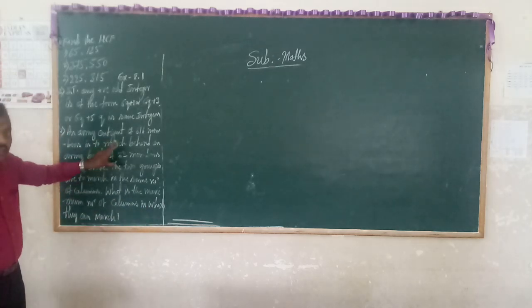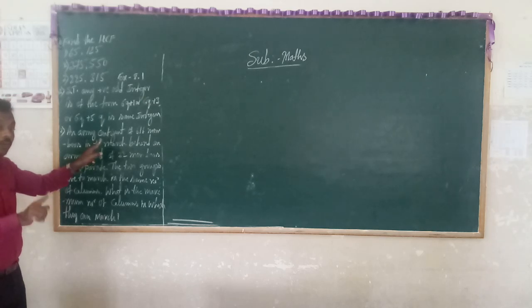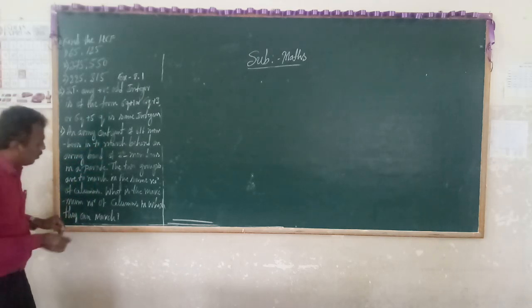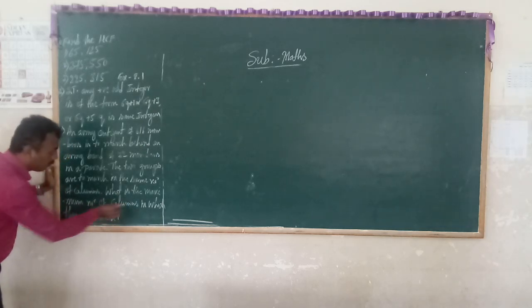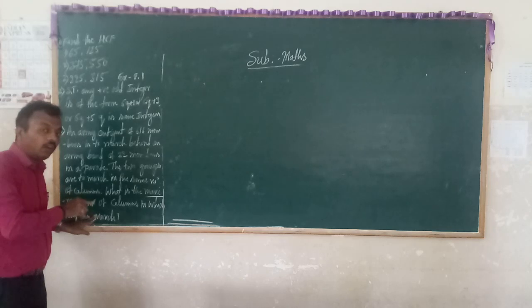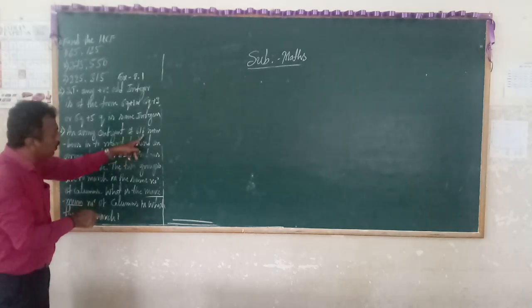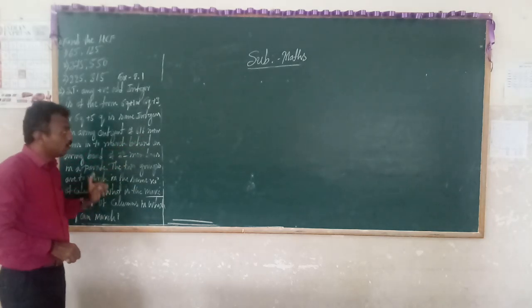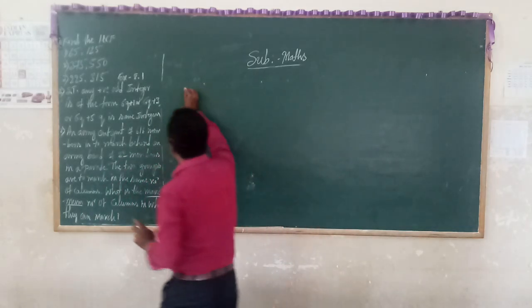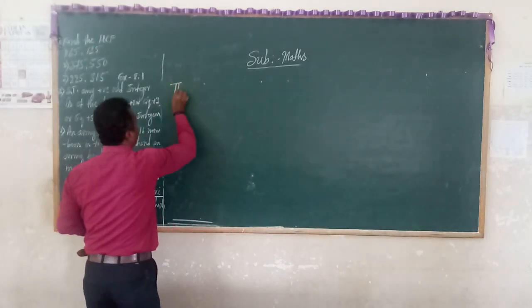These two groups can march in the same number of columns. What is the maximum number of columns? That number we have to calculate. So this word maximum indicates the HCF of these two numbers. What is that? 660 and 32.